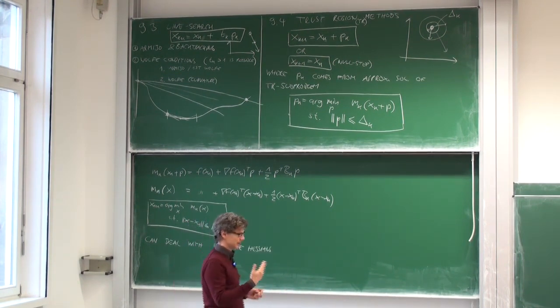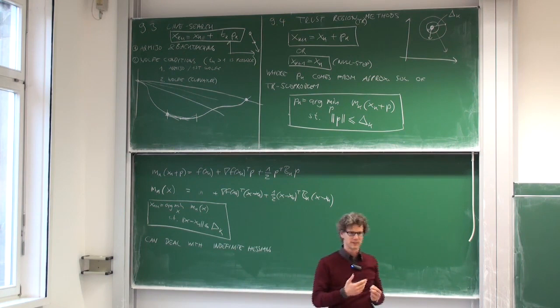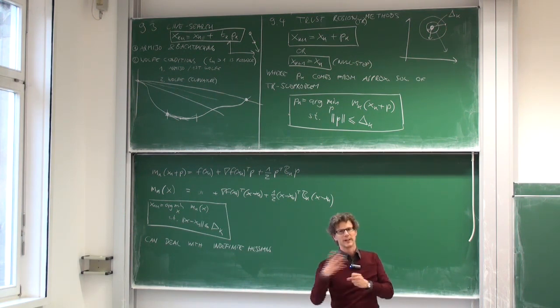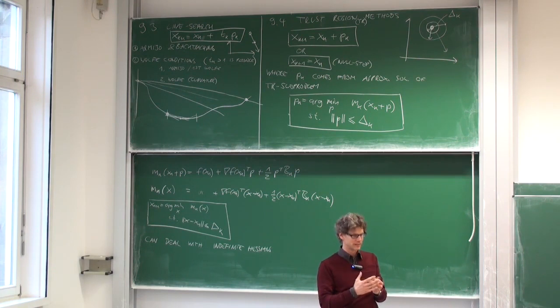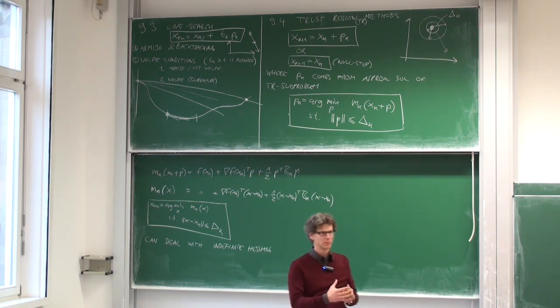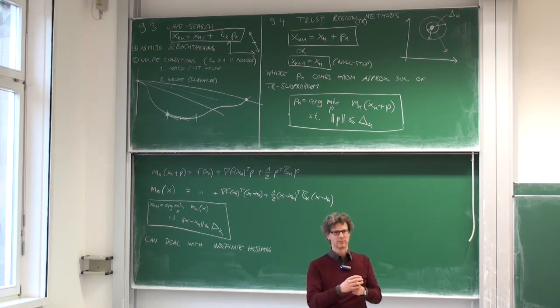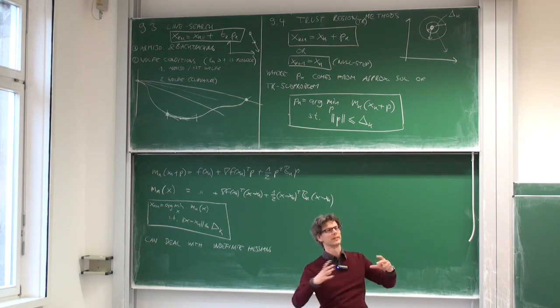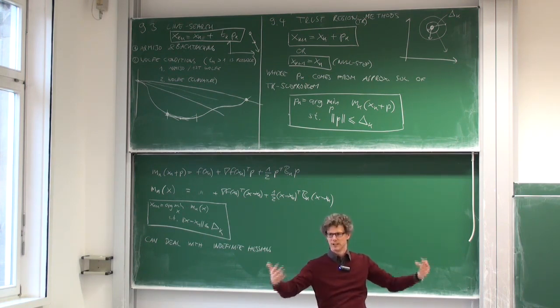The algorithm has, so to say, two things to do. One is to decide if I accept a step or not. And the other thing that it needs to do is adapt this trust region size for the next iteration. So I can say this was a bad model, then I need to make my radius smaller, or it was a good model, then if it was a very good model, you think, oh, maybe I should make my radius bigger so that I allow bigger steps.